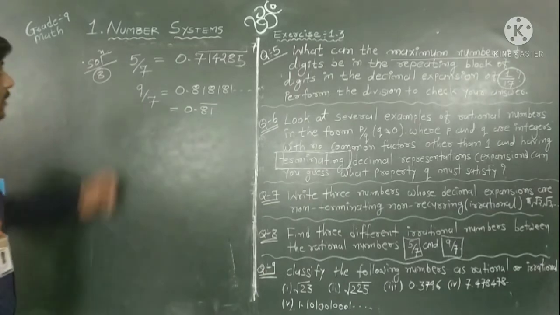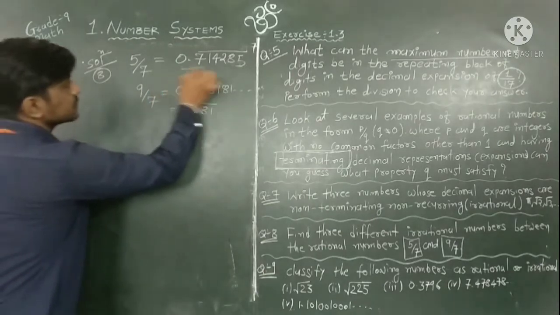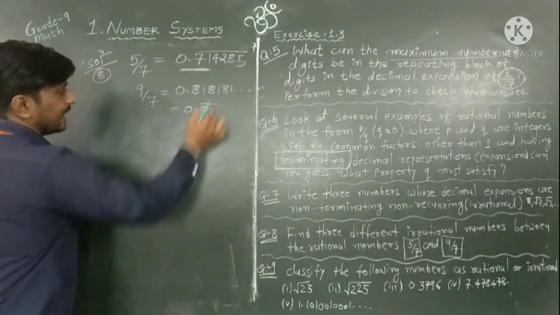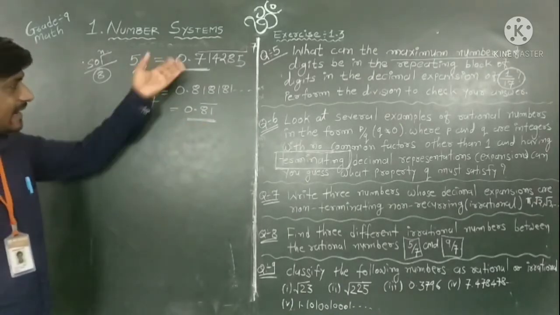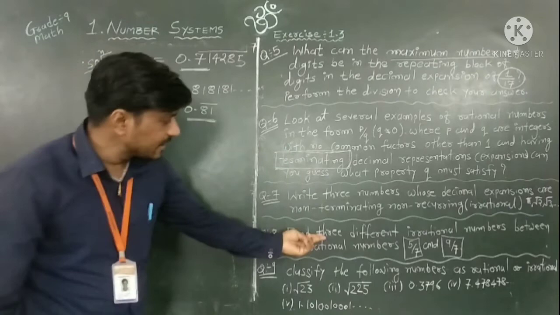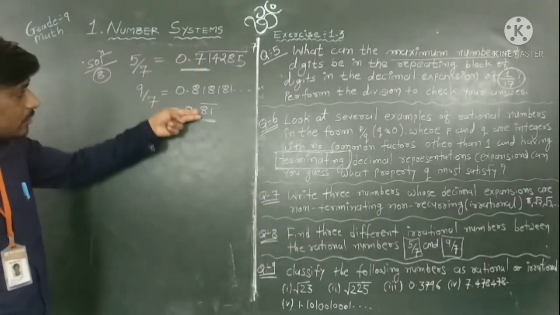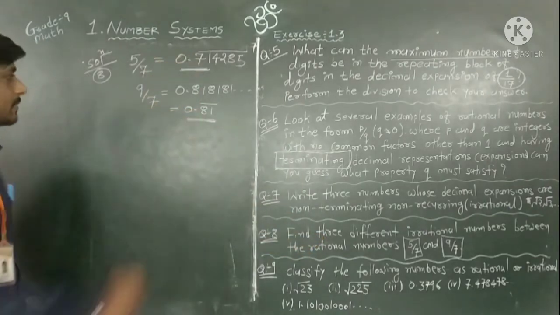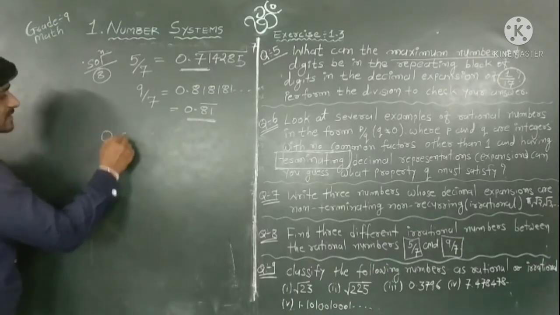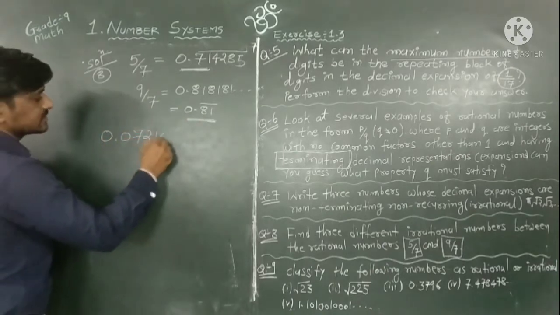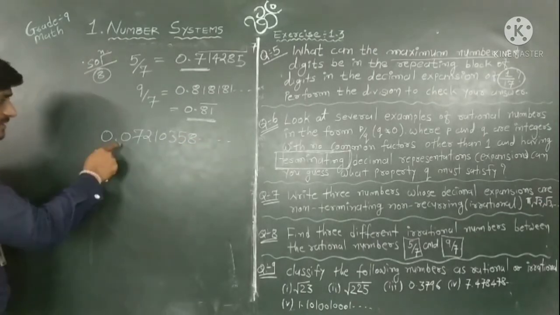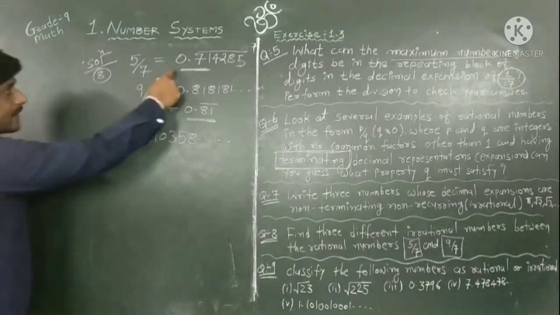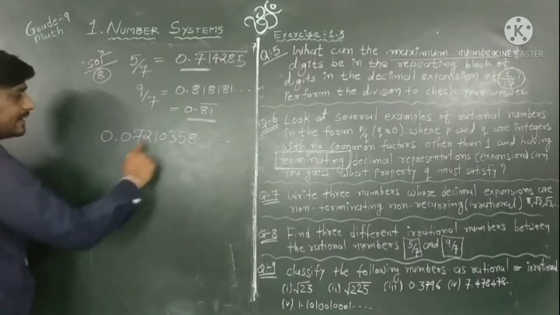Now our initial point is 0.71 and ending point is 0.81. So write any three irrational numbers between 0.71 and 0.81. So I write randomly 0.0721035 8 and so on. This is a number between 0.71 and 0.81.